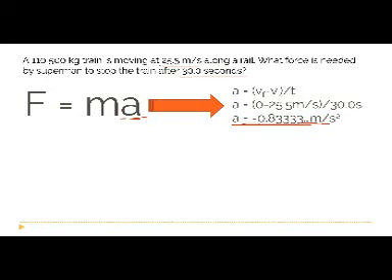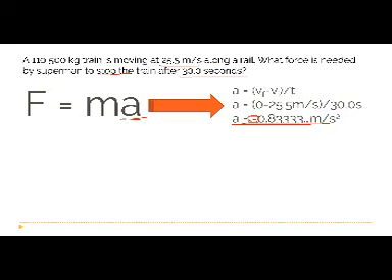If there is an increase in velocity, we have a positive acceleration. But if there is a decrease in velocity, which in this case is from 25 to 0, which is stop, then the acceleration is negative.